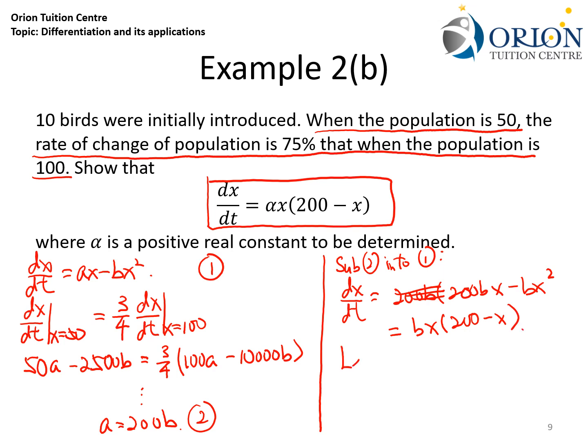Now if I let b equal alpha, I will end up with the equation dx over dt equals alpha x times 200 minus x. And this is the equation that the question has asked me to show.